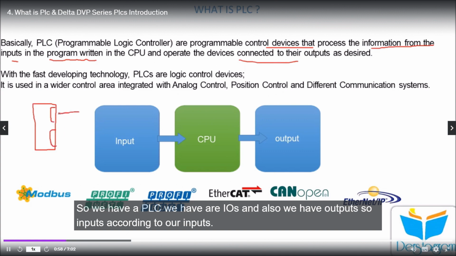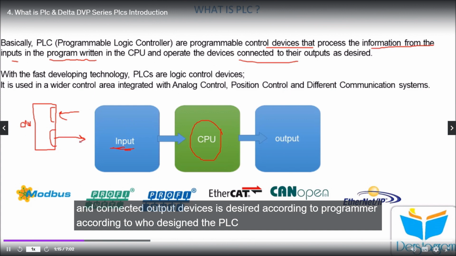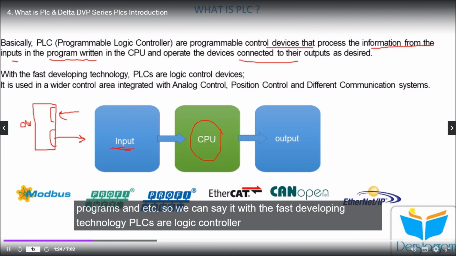According to our inputs, the CPU, this is our CPU, processes the information inside of it and gives an output to the connected output devices as desired by the programmer, the person who designed the PLC programs.